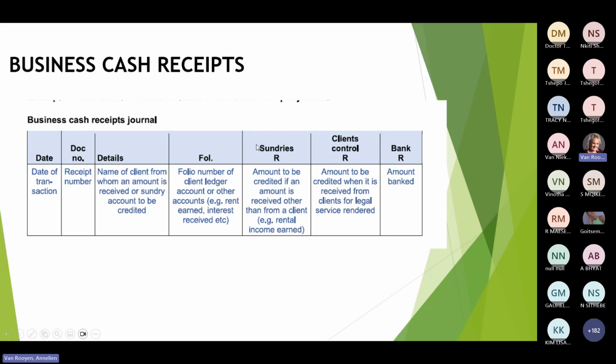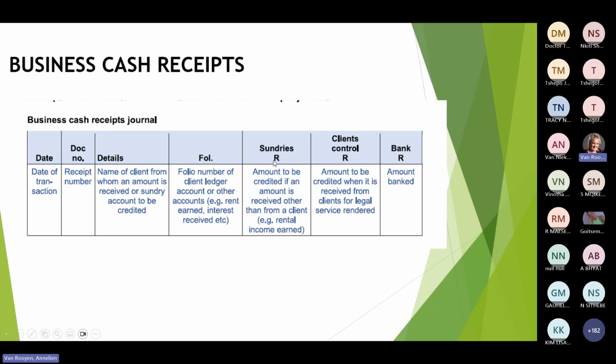This is not the normal type of income that you have in an attorney's books, whereas your main income in an attorney practice will be your clients paying you. So most of your entries will then fall into this column, which then should equal your amount bank.